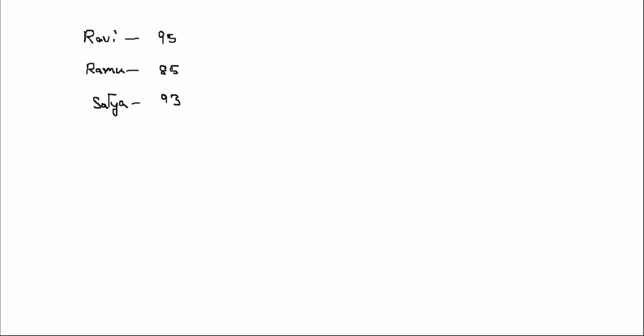So if you know the name of the student, you can get the marks. That means we can relate this one and this one. So here we are calling this a key and here we are calling it a value. Totally we are calling it a key value pair.